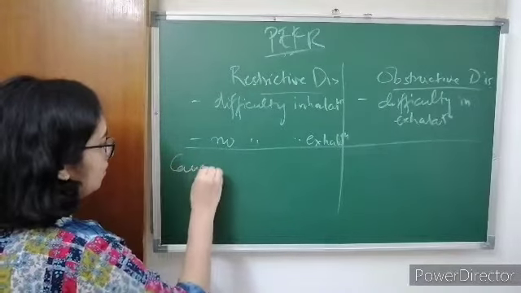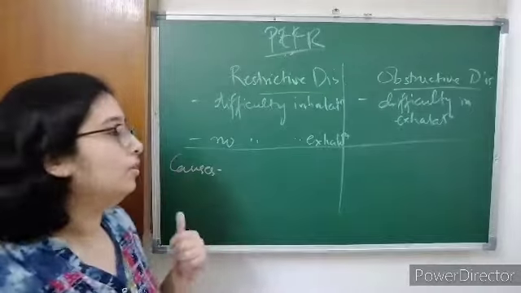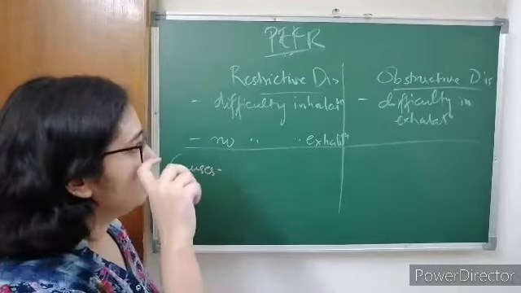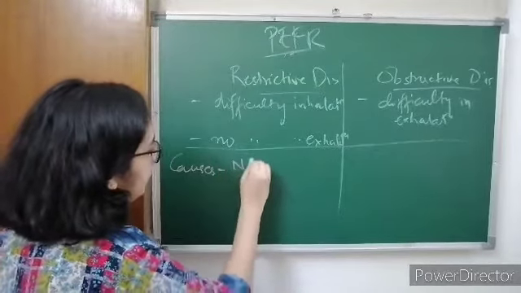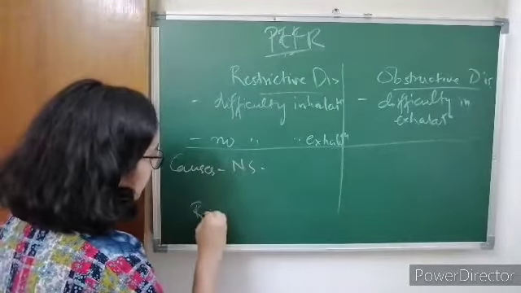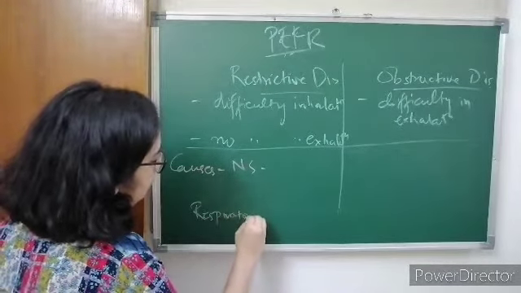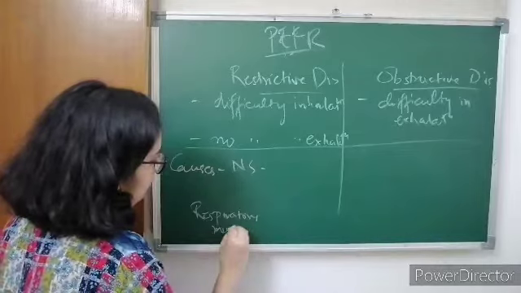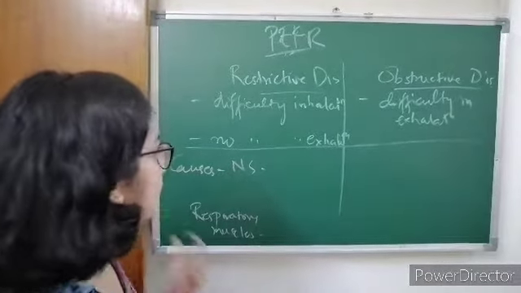The causes of restrictive diseases can be because of the nervous system, or because of respiratory muscles. There are various causes.